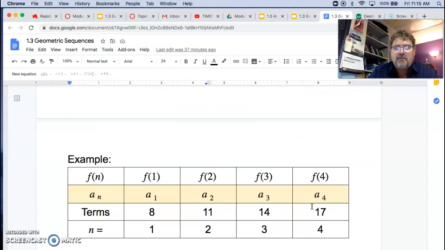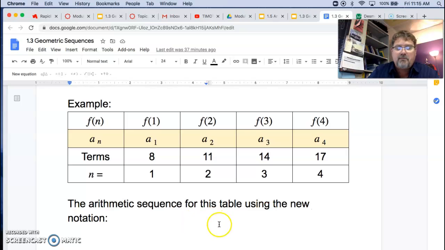All right, I made a little table here that kind of explains this, and I'm going to do a problem with you in just a second, and I'll talk my way through it here. This is a sequence. These are the terms, 8, 11, 14, 17. Formally, the first term was f of 1, second f of 2, f of 3, f of 4, and so on, and I showed how n works down here. Now, the new notation, that would become a sub 1, a sub 2, a sub 3, a sub 4, and so on.